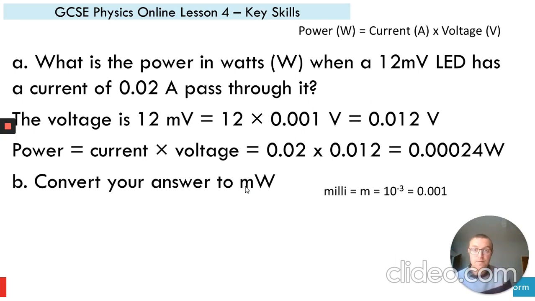But a small m in front of another unit means it's a unit prefix and it means it's milli. If you see 2 small m's together, that is a millimeter. So this is a small m in front of another unit, which is the watt. Small m is milli, stands for 10 to the power minus 3, or 1,000th, 0.001.